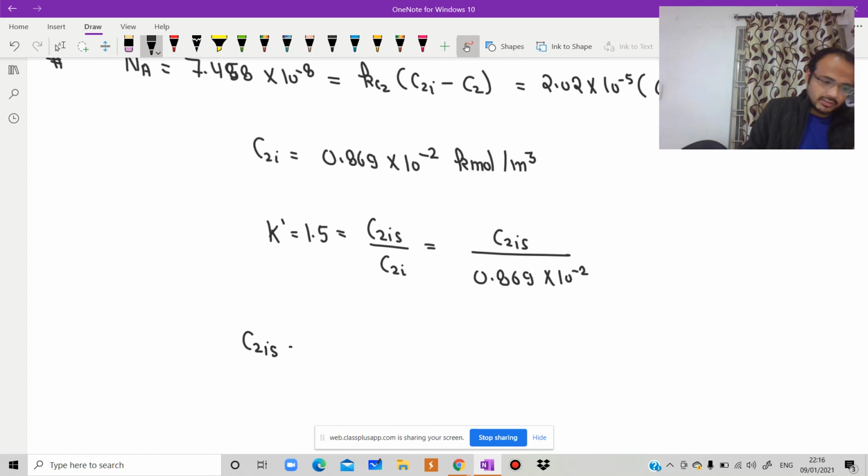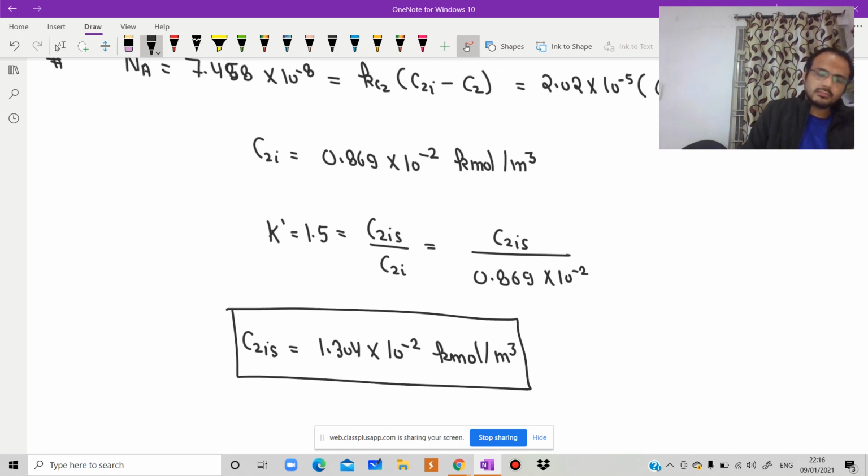So C2IS is equal to 1.304 into 10 to the power minus 2 kilomole per meter cube. A nice question. Is it clear?